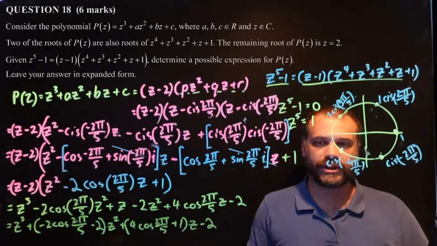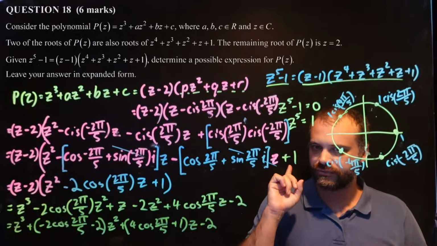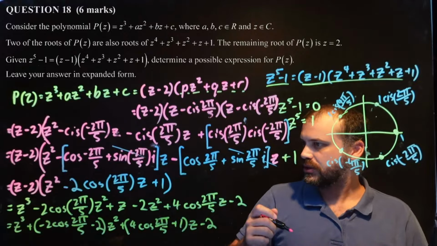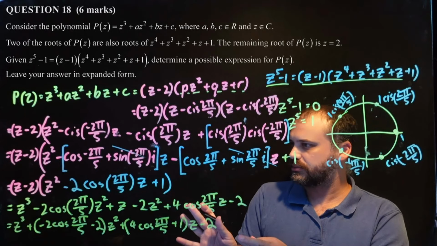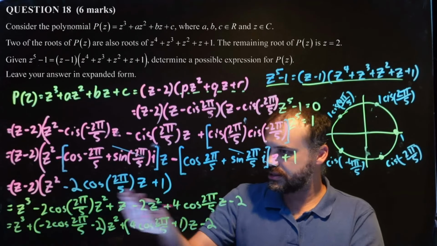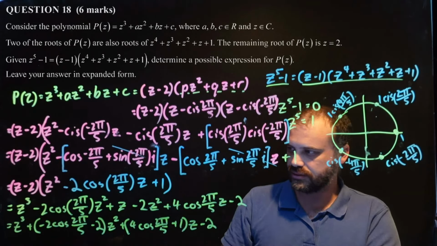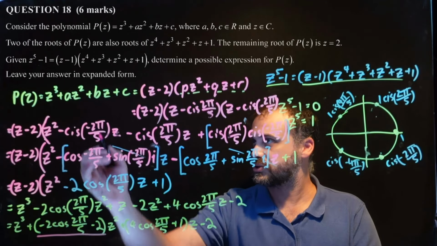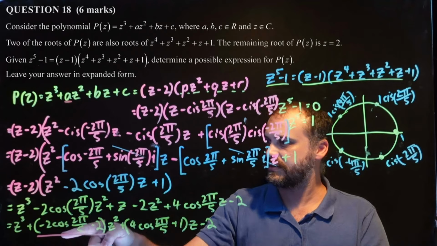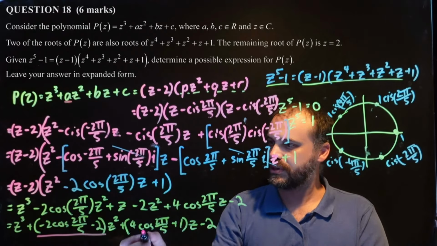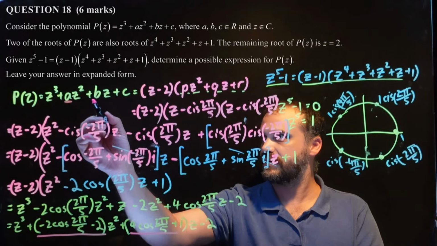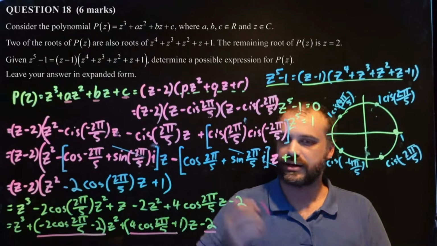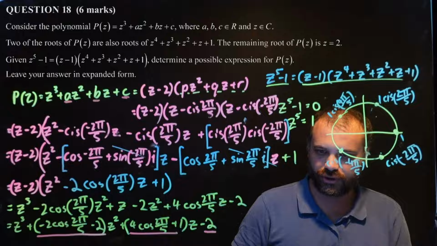If you're feeling a little bit lost, don't worry, because we're coming out of the wilderness right now. Because we now have this incredible thing. This is p(z). Z cubed, z squared, there's my a value sitting right there. B, there's my b value right there. And c, there is my c value right there.